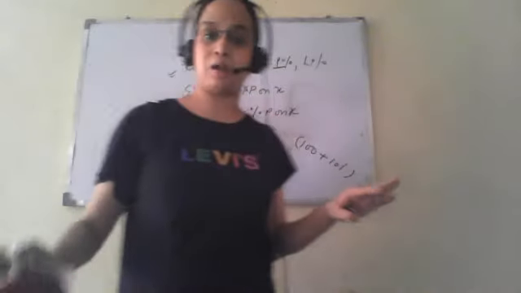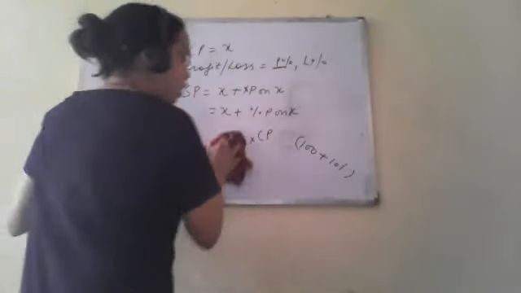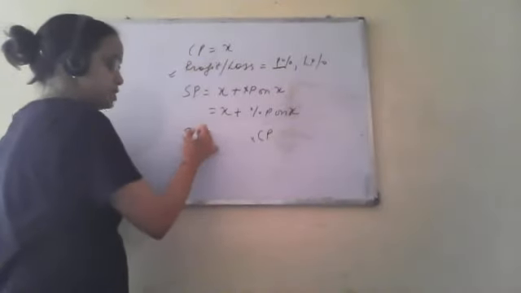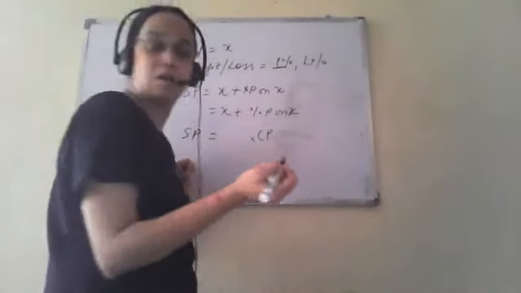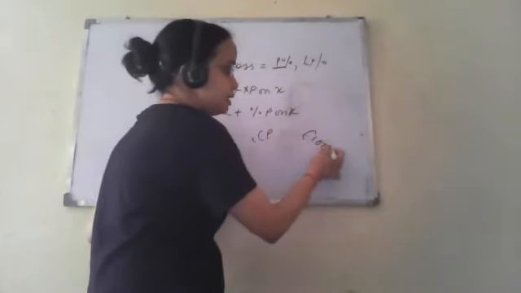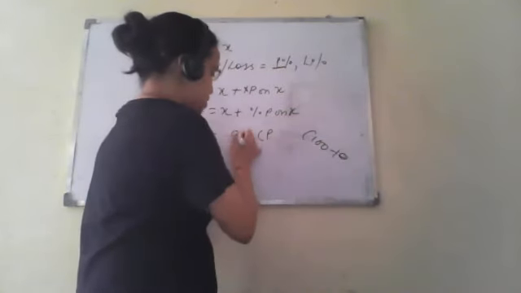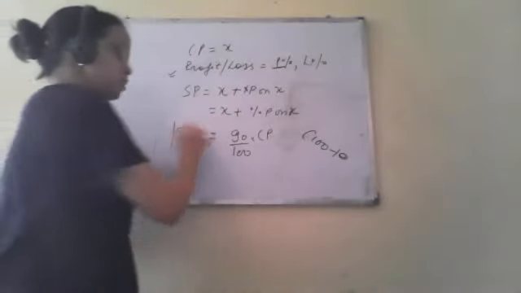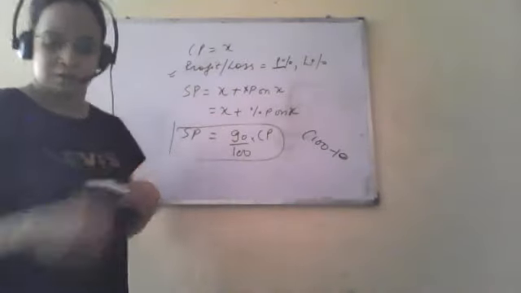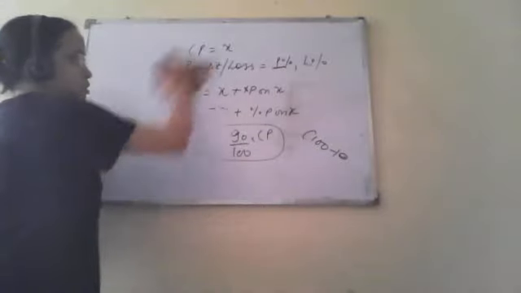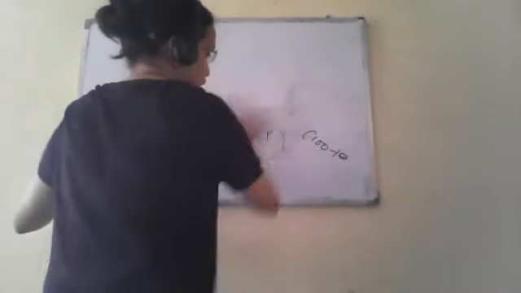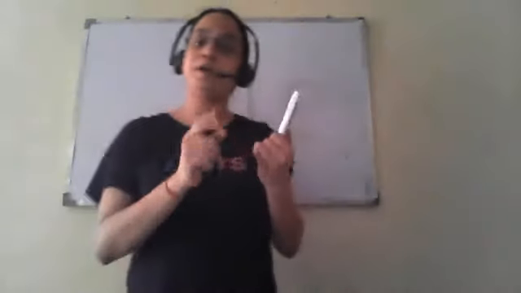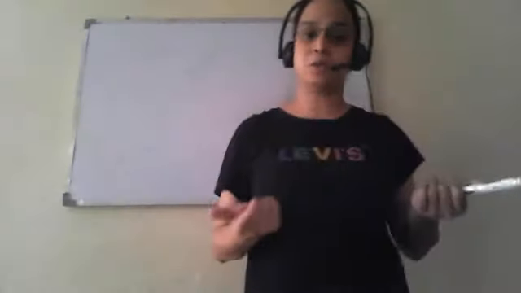Now, in case of loss, to find the selling price, say there is 10% loss, it will be 100 minus 10, that is 90 upon 100 into cost price. In this way you can directly calculate the selling price and other things. Just keep in mind that in case of profit you add to 100, and in case of loss you subtract from 100.